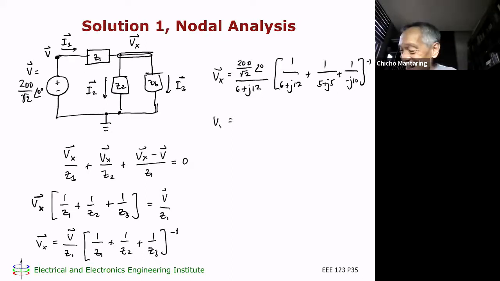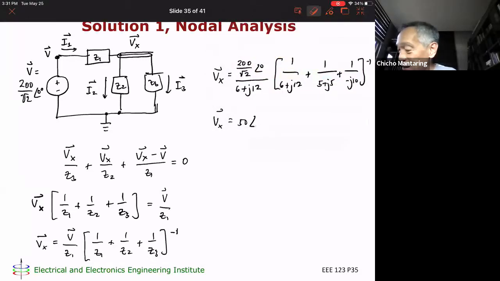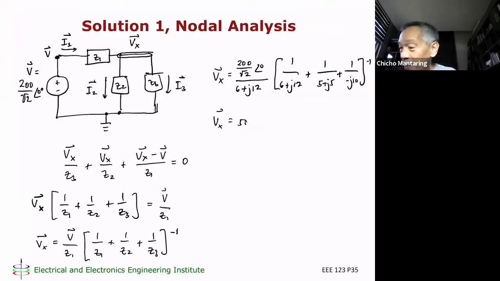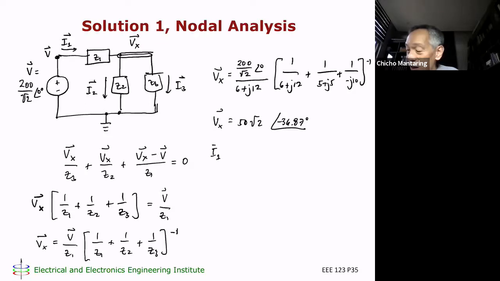Okay, so Vx is 50 times the square root of 2 at an angle of minus 36.87 degrees, and you're correct, no? Therefore, I1 is just V minus Vx over Z1, no?